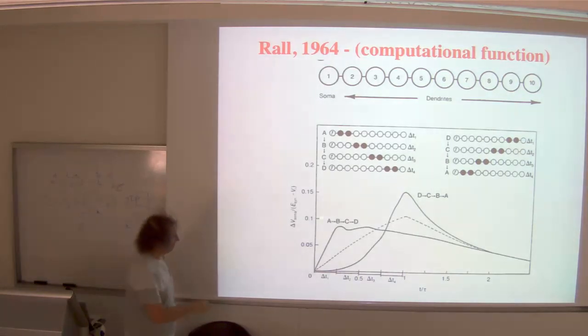Yes? Then when you record at the cell body, from what you already know from the biophysical part of my talk, if you do the sequence of activation A, B, C, D, you will see that the nearby synapses are seen at the cell body very fast, with small delay. We spoke about delay, okay?